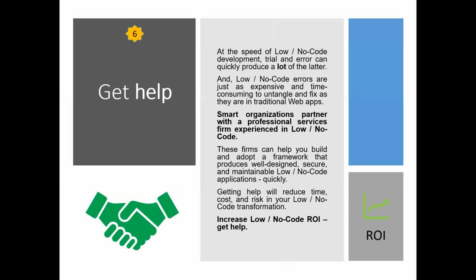Last thing is get help. There are organizations like VeilSun that have been doing this a long, long time, and they can keep you on the road and create bumpers for your organization to keep folks from making mistakes. We can help you understand how to govern low-code, no-code. We can teach you how to assess security.